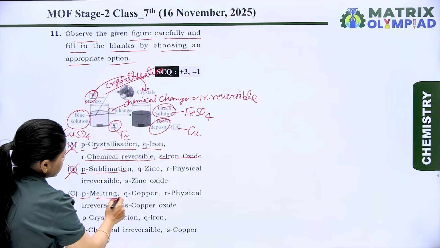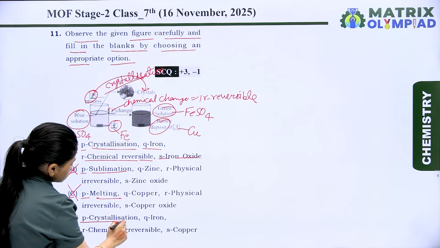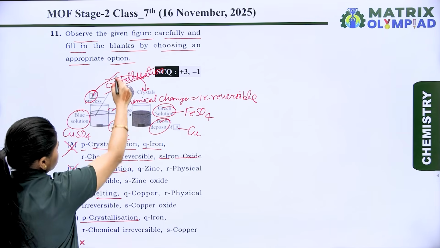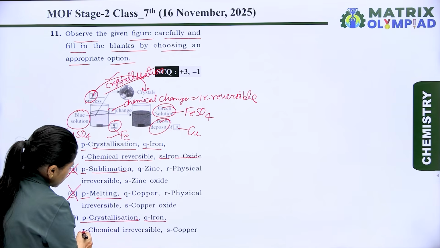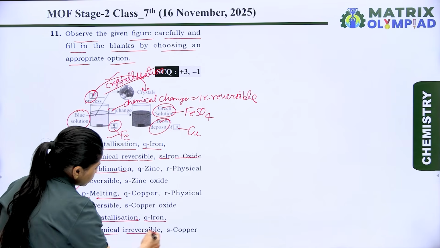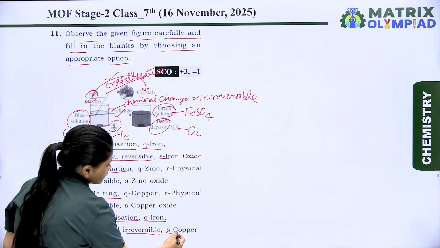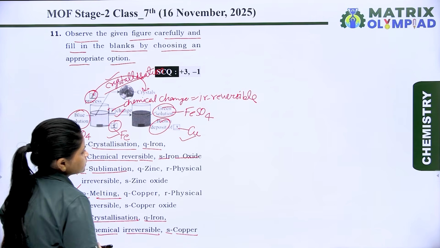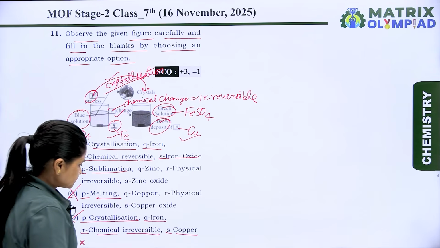C, P melting, no, it is again wrong. D, P is crystallization, yes, this is true. Q is iron, yes, this is again true. R, chemical irreversible change, yes, this is again true. And S will be copper, yes, this is true. So the correct answer is option D.